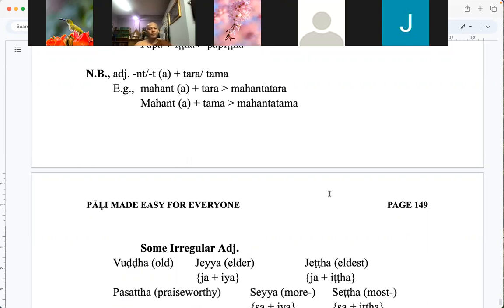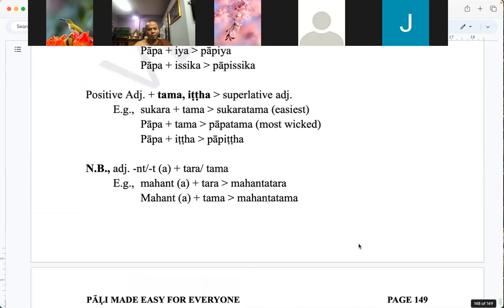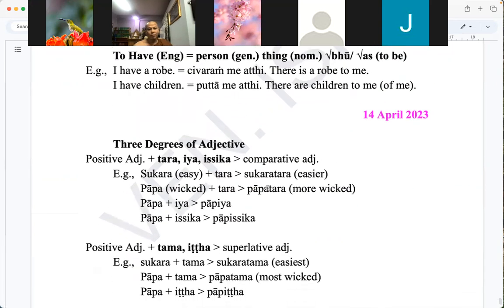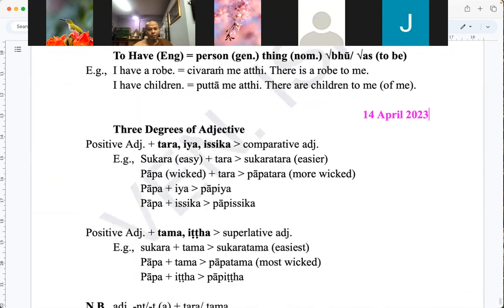Bante, I found out in lesson 24 that Tena is the instrumental case for te, and Tasma and Tamha is the ablative case for te. It's not Tato, but Tato is a demonstrative pronoun. You see? Yeah, that also can be, right? Right.